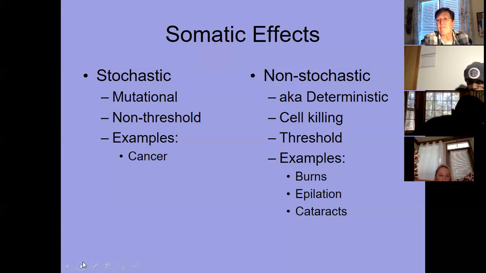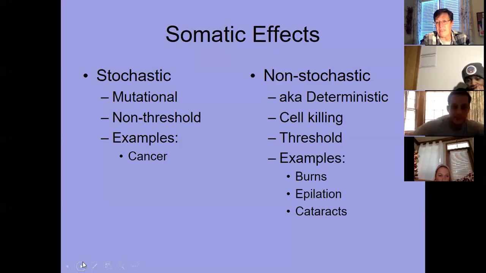You have to receive enough radiation to get to the threshold before the effect will be seen. Since they're based on cell killing, the higher the dose, the more cells are killed, the worse the effect.